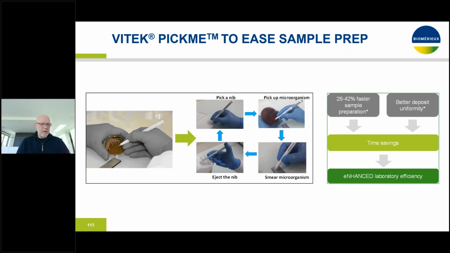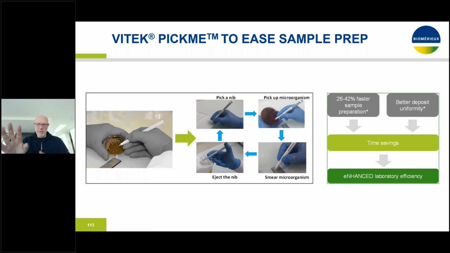And we've developed a very simple tool that will allow you, by picking a nib, picking up a microorganism, smearing it on the plate, throwing away the nib and starting with the next one, to make a procedure that is manually already very simple even more simple.